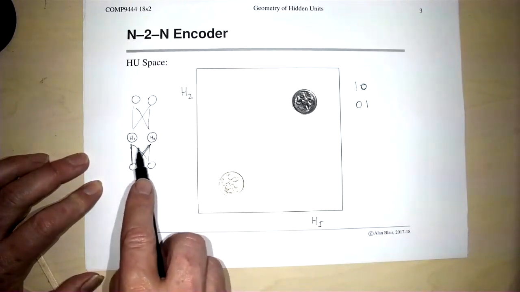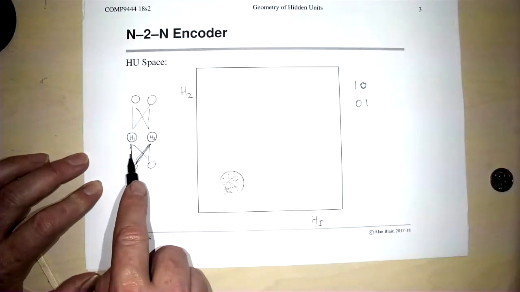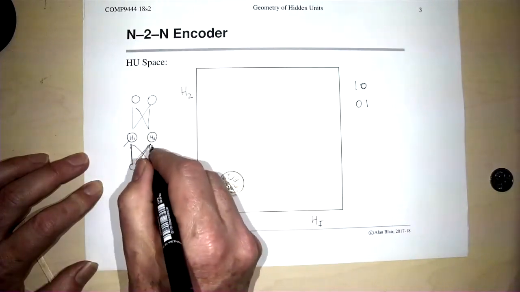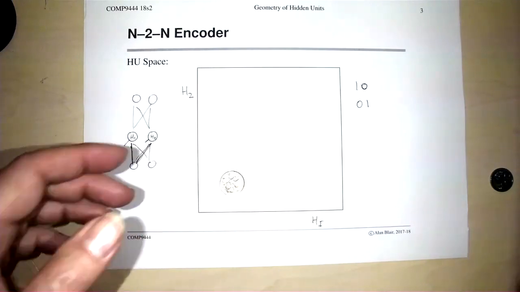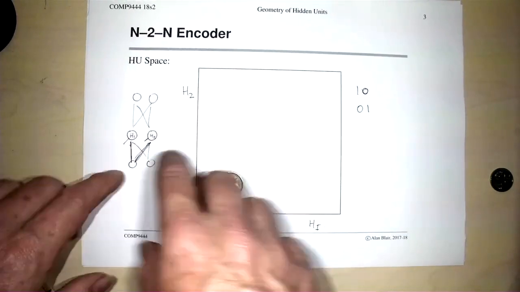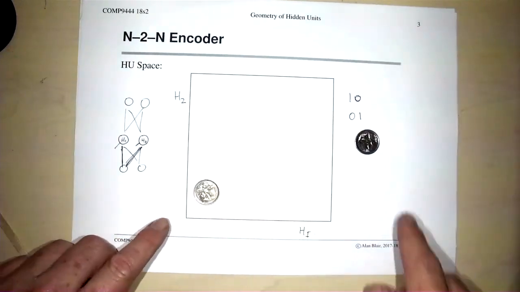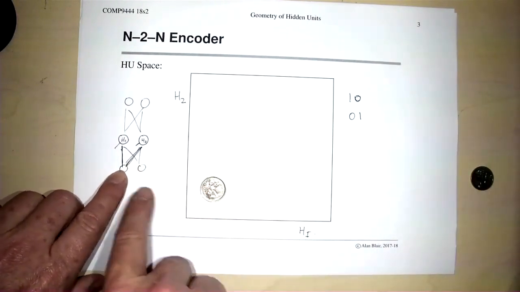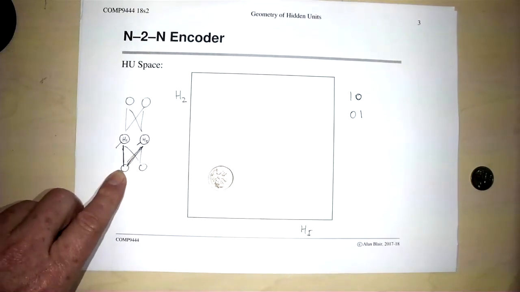So all we have is this weight plus the bias and that weight plus the bias, and then the activation function, which brings us back into this bounded box. So we can represent this information as a point in this two-dimensional space.